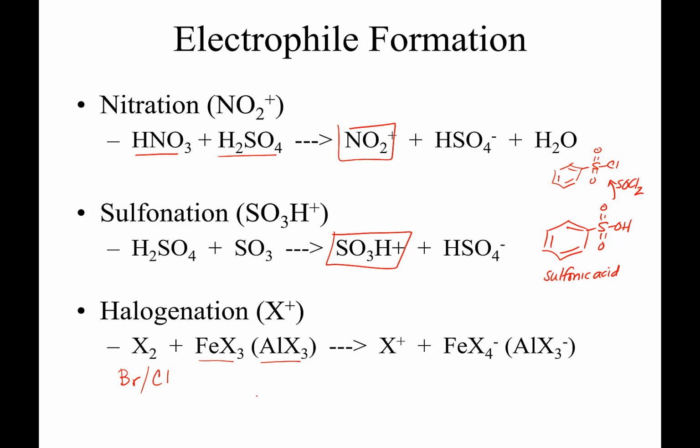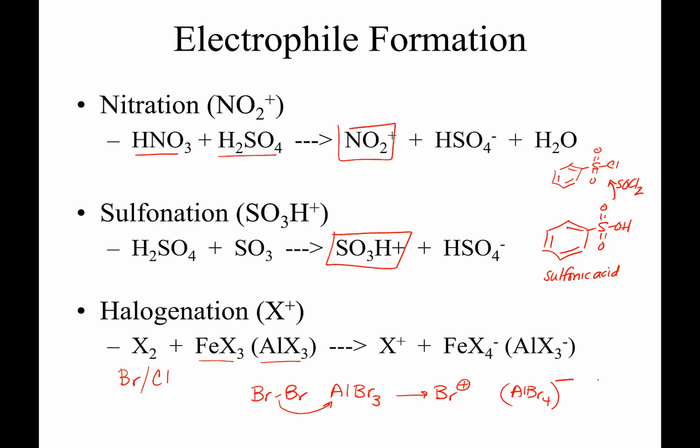And what happens in this case is that if I have my bromine and I add to it AlBr3, the bromine-bromine bond breaks, and basically that bromine goes over and adds to the aluminum. That leaves you with an isolated Br+ and an AlBr4-.